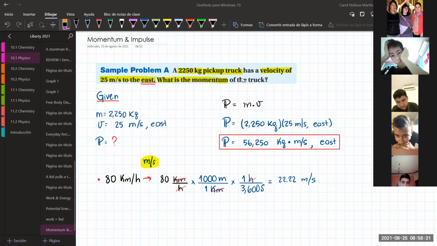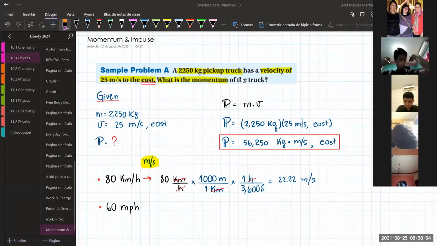But sometimes, and that's one of my favorite conversions, is miles per hour. So let's say that we have a car, an object, that is traveling at a speed of 60 mph. mph is not meters per hour, it is miles per hour.